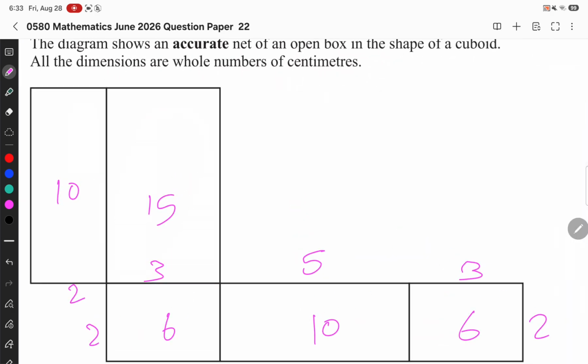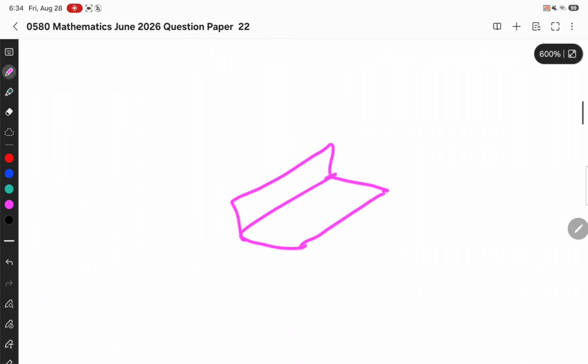Let's start with this. Then we make this half, then we can have this half as well.